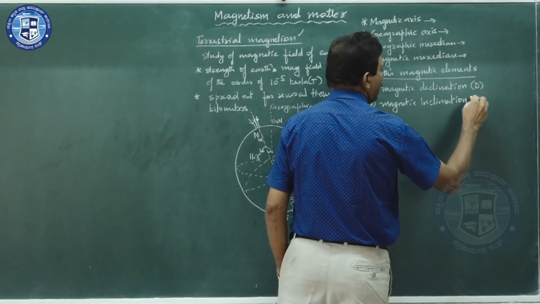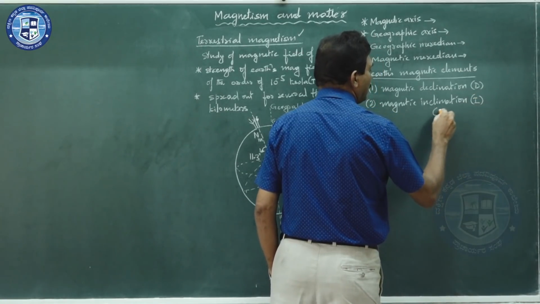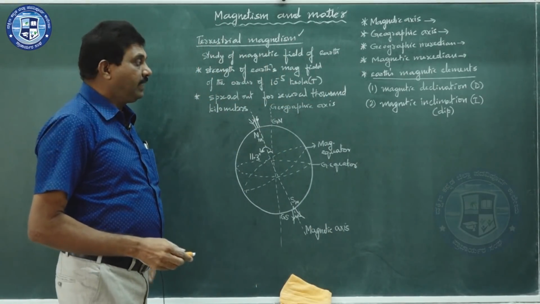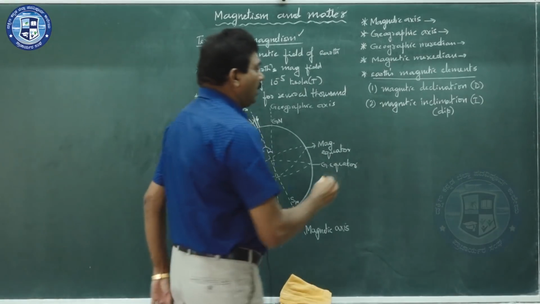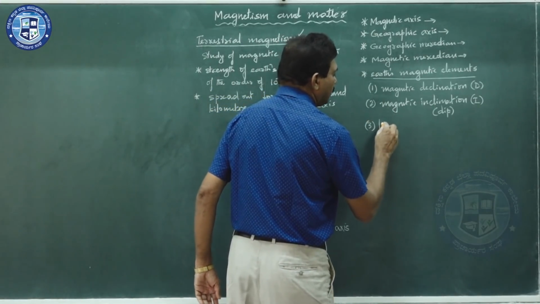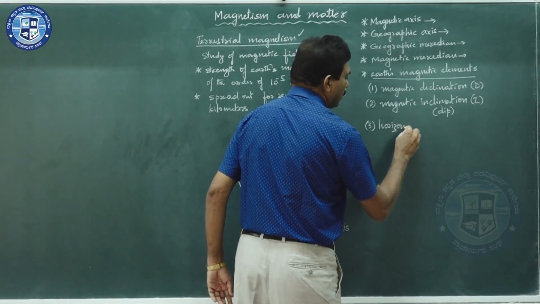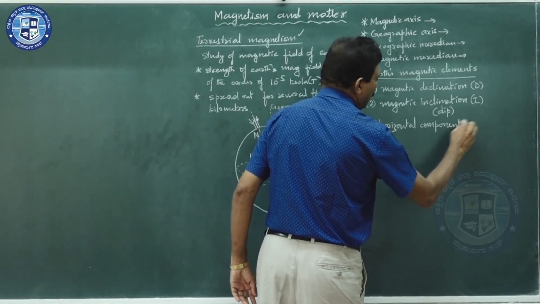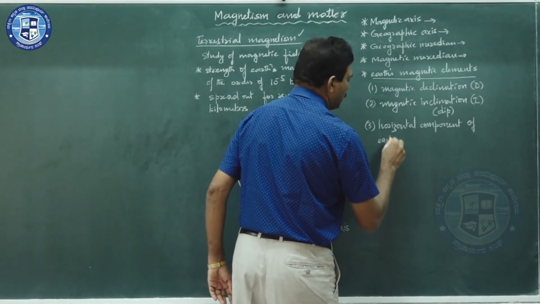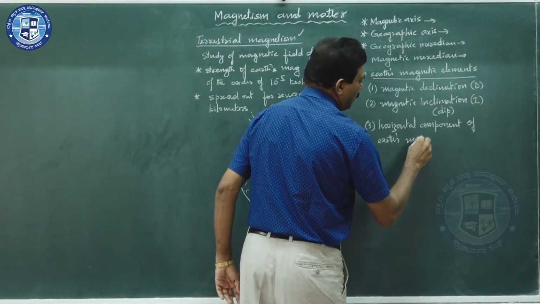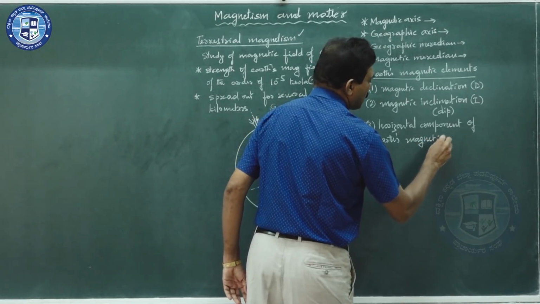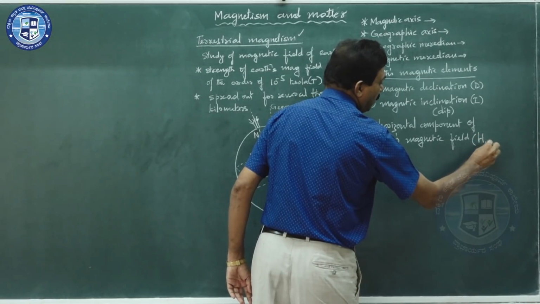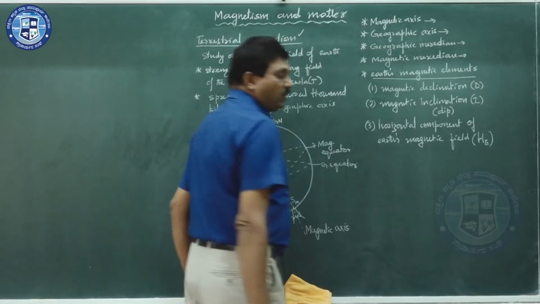Magnetic declination is denoted by D, magnetic inclination is denoted by I. Magnetic inclination is also called magnetic dip, and the third Earth's magnetic element is the horizontal component of Earth's magnetic field, denoted by HE.